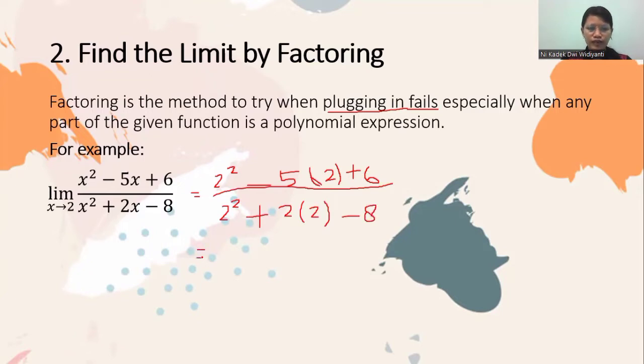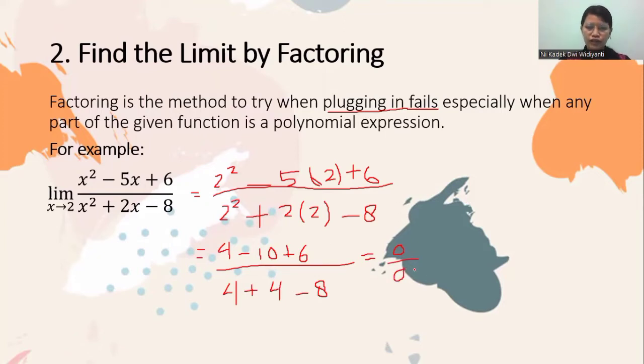Equals 2 squared, which is 4, minus 5 multiplied by 2, which is 10, plus 6, divided by 2 squared, which is 4, plus 2 multiplied by 2, which is 4, minus 8, equals 0 divided by 0.